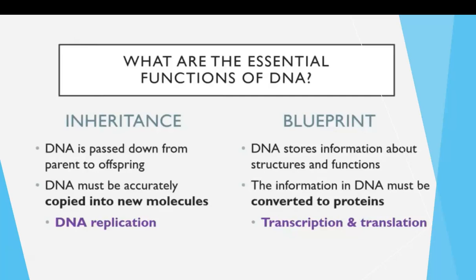So it doesn't matter if you are a bacteria or a human cell, DNA has two important functions in all living organisms. The first role of the DNA is inheritance.